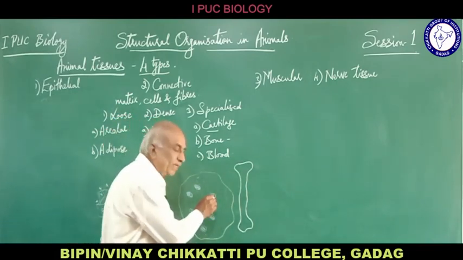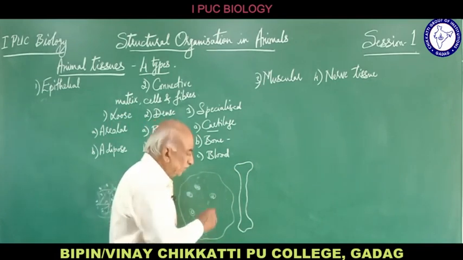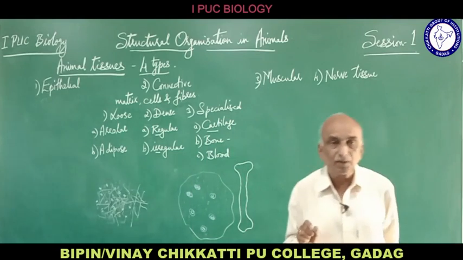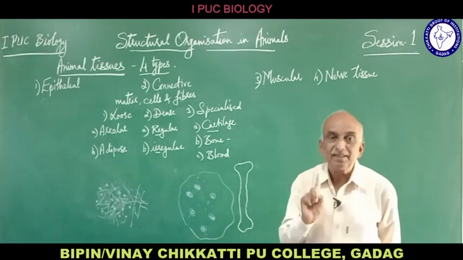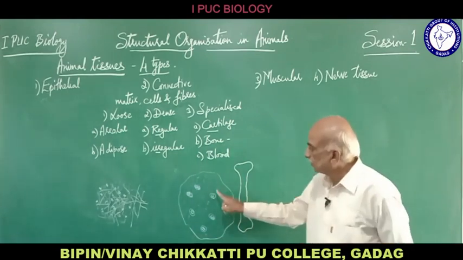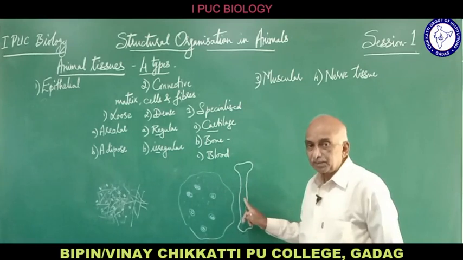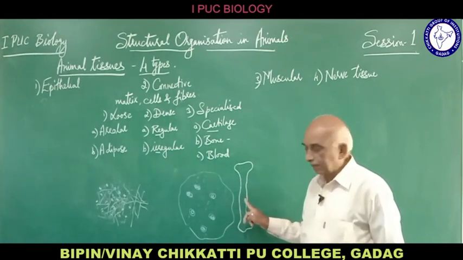So there are also cavities in the bone, called lacuna, same as in cartilage, and in each lacuna there is only one cell in the bone. That is the difference between cartilage and bone. The matrix is there in both, but in bone the matrix is deposited with calcium and phosphate compounds.